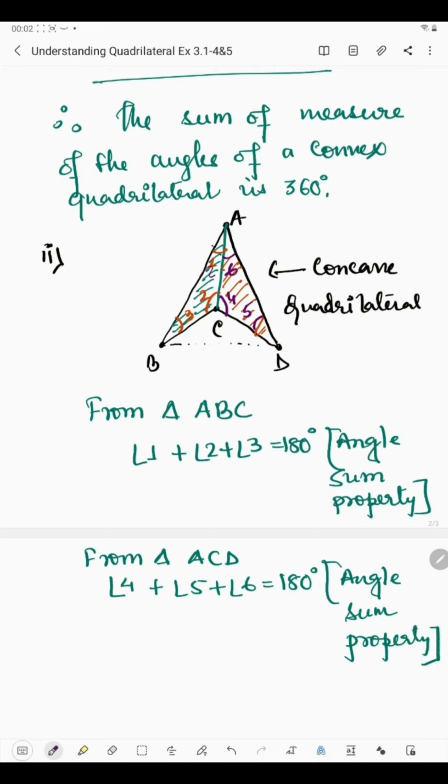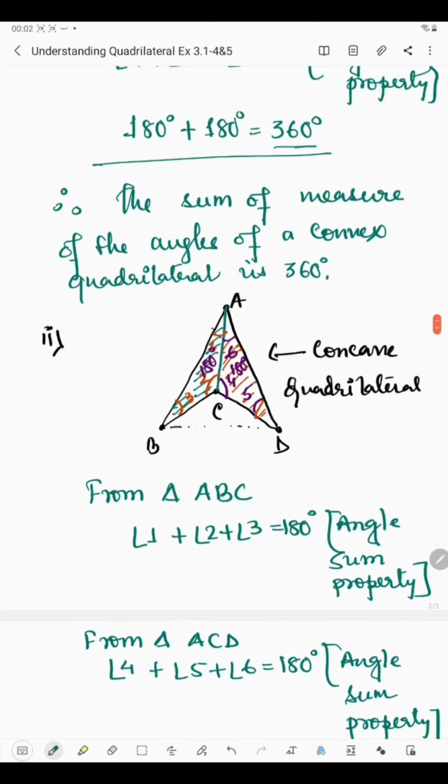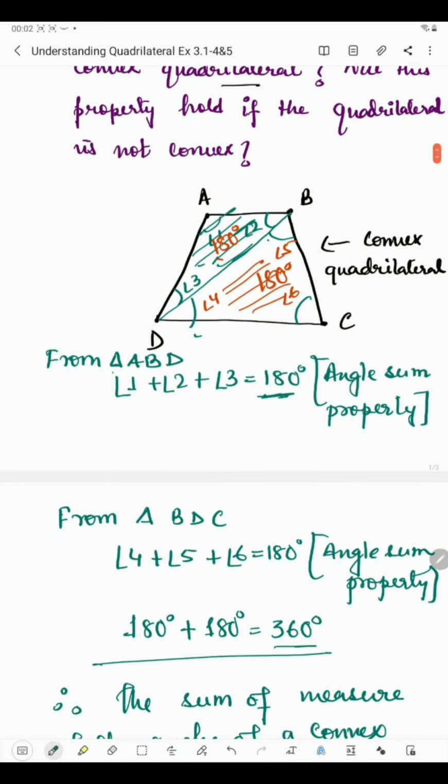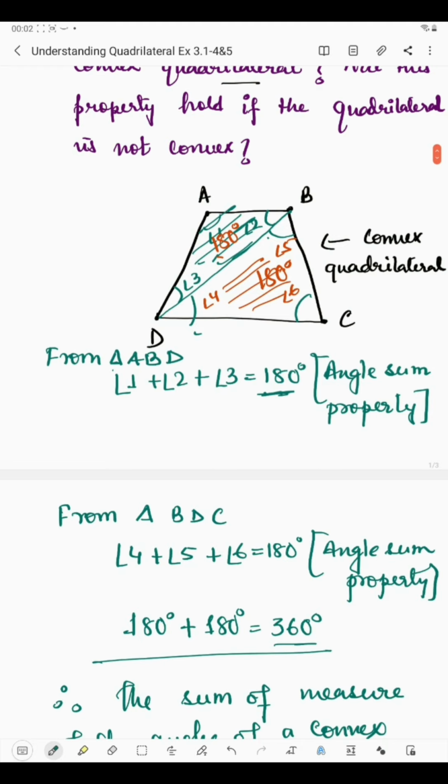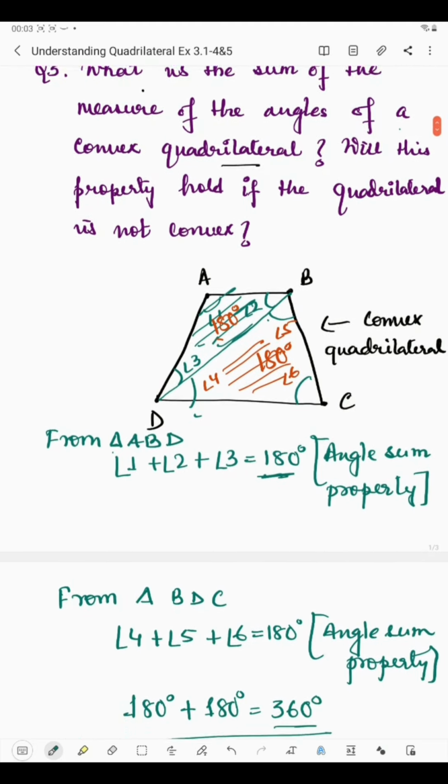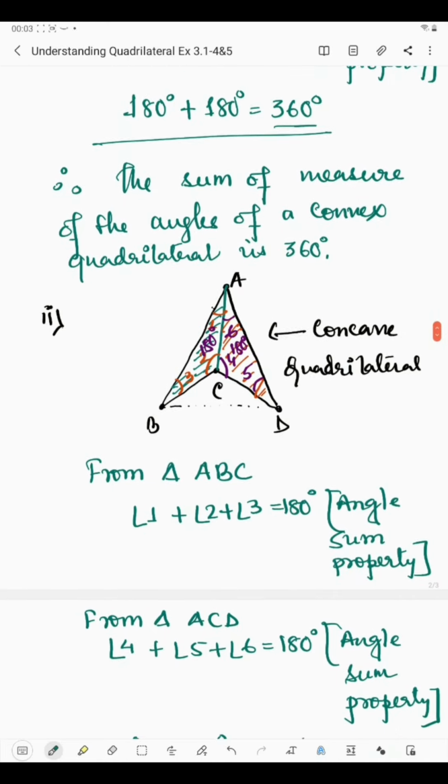So from triangle ABC we have got 180 degrees, and from triangle ACD we have got 180 degrees. If you find the sum of this to get the sum of the angles of the concave quadrilateral, we would get 360 degrees again, because 180 degrees plus 180 degrees is 360 degrees. So what we have observed is that whether this is a concave quadrilateral or a convex quadrilateral, the sum of the measure of the angles is always 360 degrees.